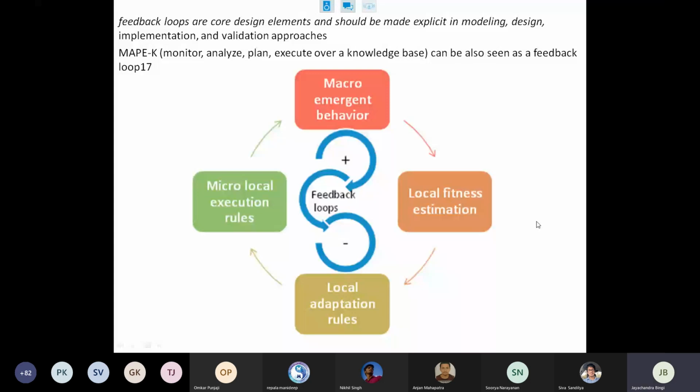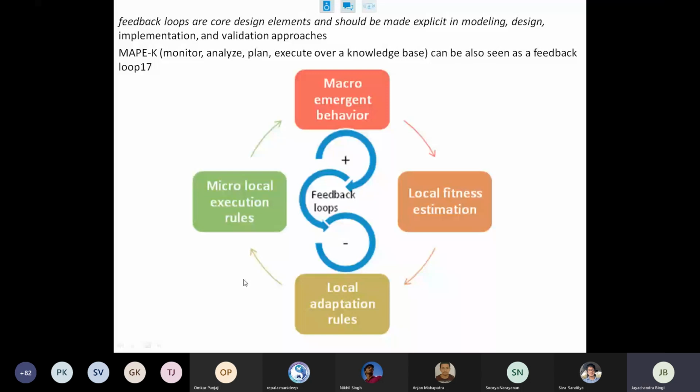It is awareness, self-local fitness estimation. So whether the system is ready or not, it will keep monitoring. So this will again depend on local adaptation rules. Again, these rules depend on micro rules. Micro rules mostly impact the subsystems.